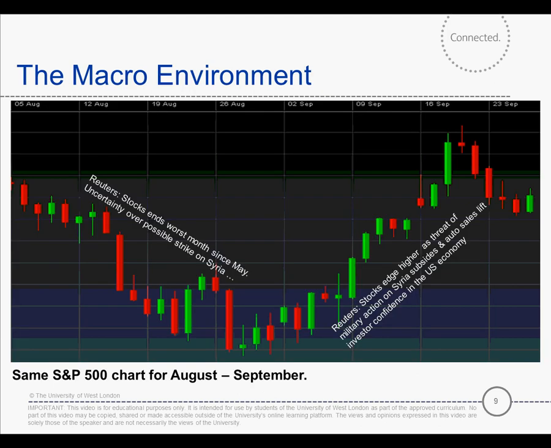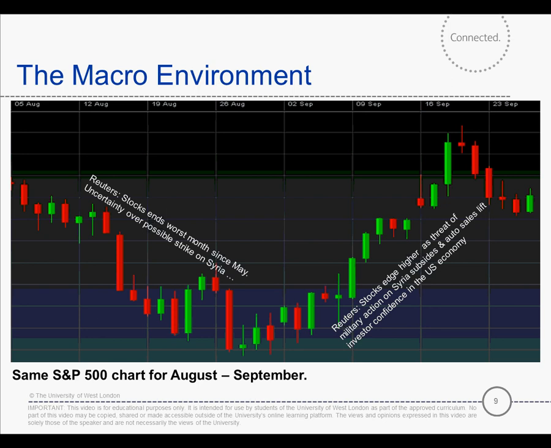The macro environment is everything that goes on around the market. Things like changes in oil price, political crisis, economic policy changes. These will all have an impact on the market depending on which market you're trading in.